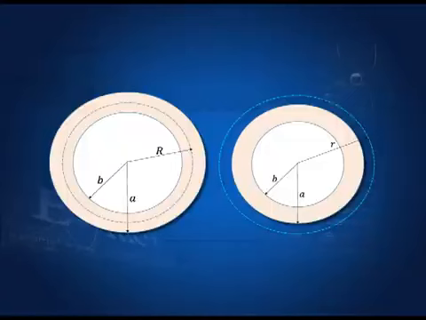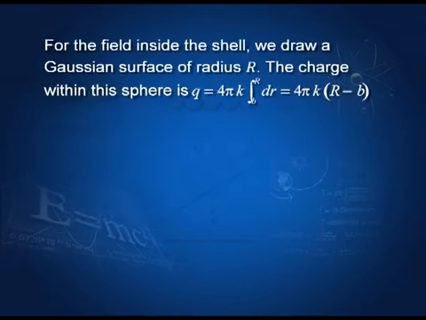For the field inside the shell, we draw a Gaussian surface of radius r. The charge within this sphere, I will integrate between b and r, not b and a, but between b and r. And if I integrate that, then I find the charge in this part of the shell, which is inside the Gaussian surface of radius r. So, the charge is 4 pi k integral from b to capital R of dr, which is 4 pi k (r minus b).